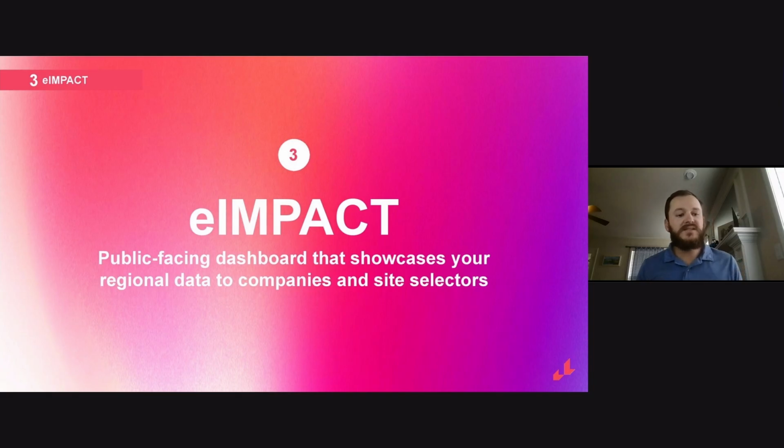This side of it is really making sure that you can inform these companies and that these companies can get information on your region without having to do any crazy deep dives, maybe without even having to reach out to you. Because you have to realize that for every company that is reaching out to you to get information or data on your region, there's probably two or three companies that were somewhat interested in your region, but they just never reached out to get the data.